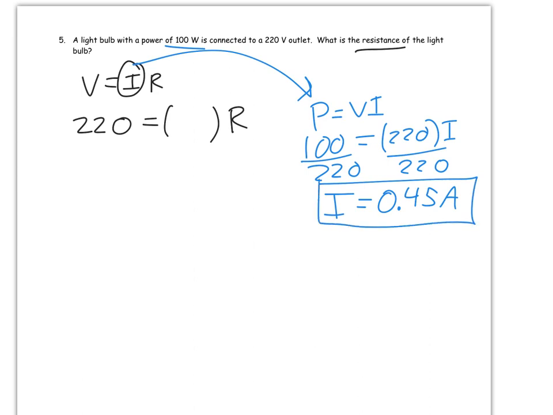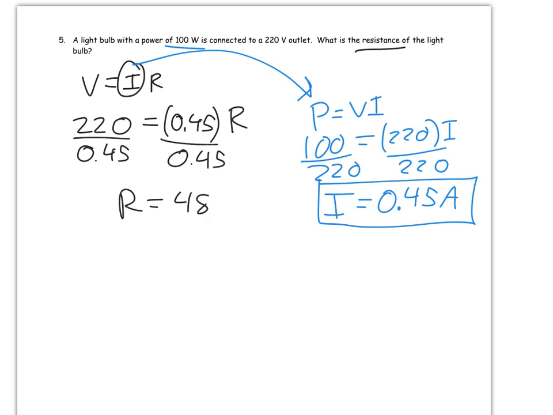I can then take that and sub it into Ohm's law that I have set up over here, and I end up finding, when I divide both sides by 0.45, that the resistance of this light bulb is going to be 484 ohms. Again, that's not rounding at all. The 0.45 is rounded some, so you may get something slightly off, but it should be pretty close to 484 ohms.